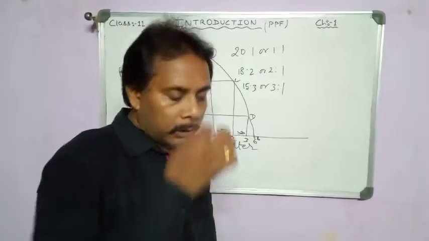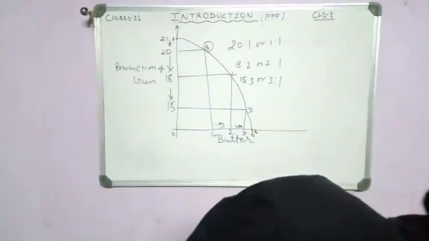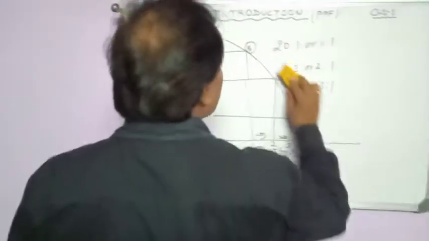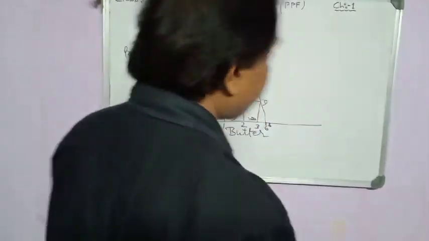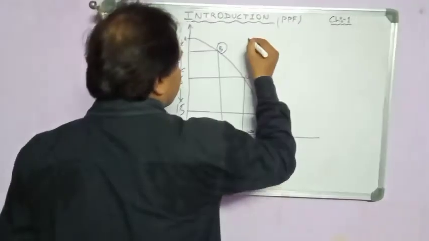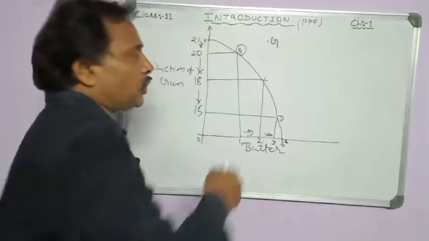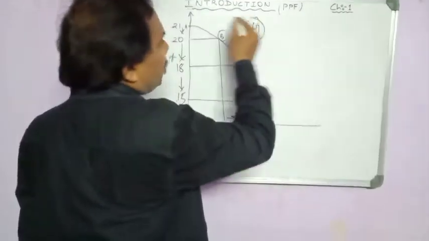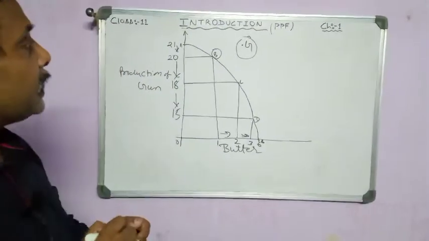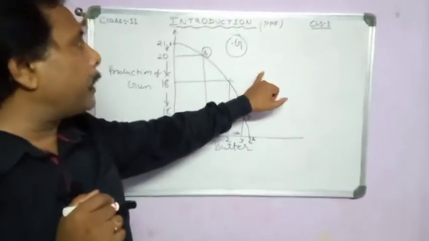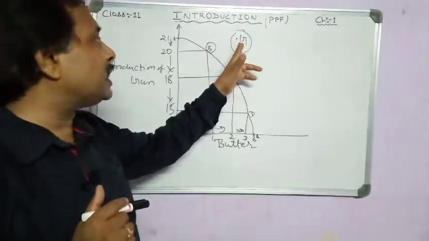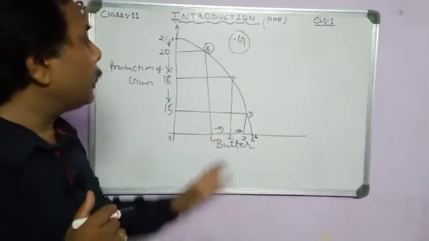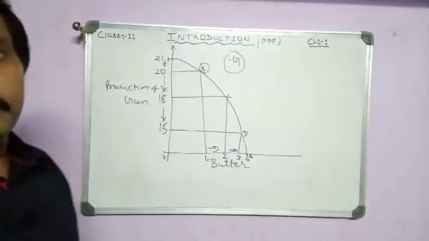Now come to the third point. So this is the most important. Suppose this is a point, this is known as the G point. So the G point indicates an unattainable point, because we are unable to reach up to this level because our resources are limited.